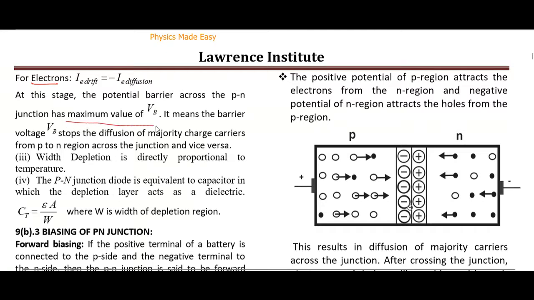Potential barrier has maximum value, V_B has maximum value. It means the barrier voltage stops the diffusion of majority charge carriers. Width of depletion region is directly proportional to temperature. That is, I will write here delta X, the width, is directly proportional to temperature.